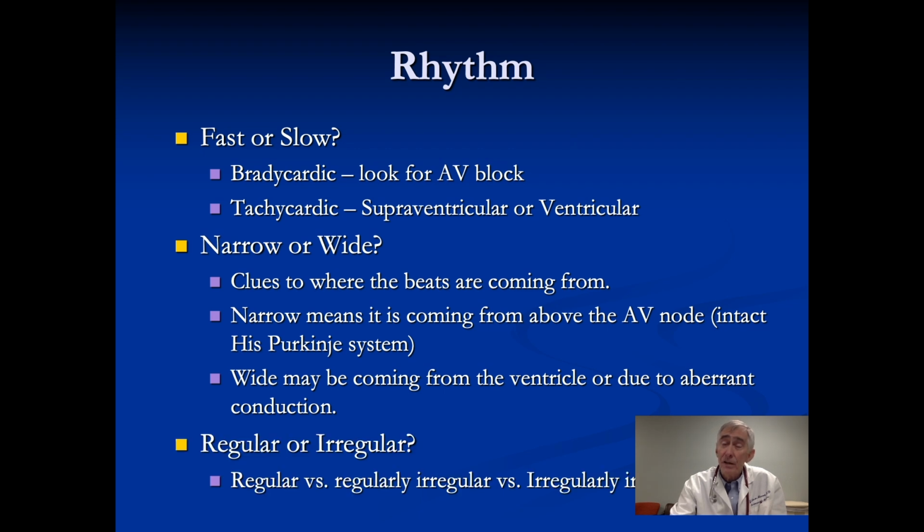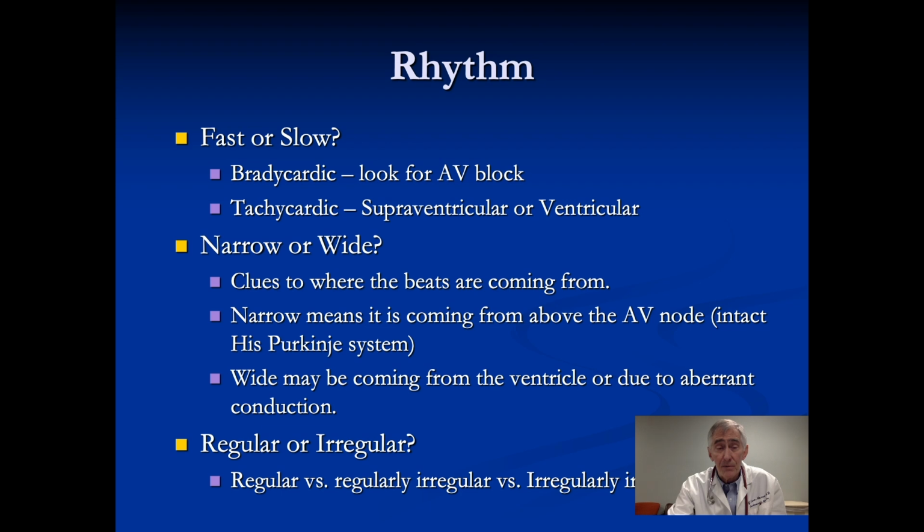Now, if it's regular or irregular, again, we look at whether it's wide or narrow. Classically, if it's an irregularly irregular rhythm, we think of atrial fibrillation. If it's regular or regularly irregular, we may look for premature beats, either ventricular or supraventricular.